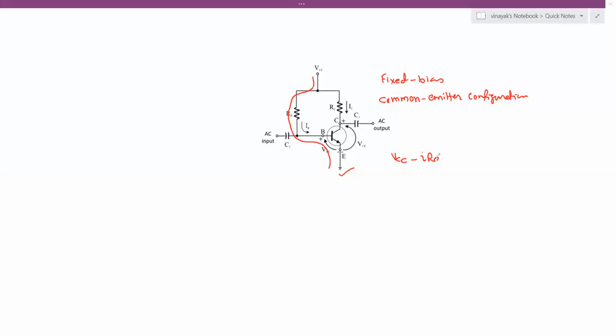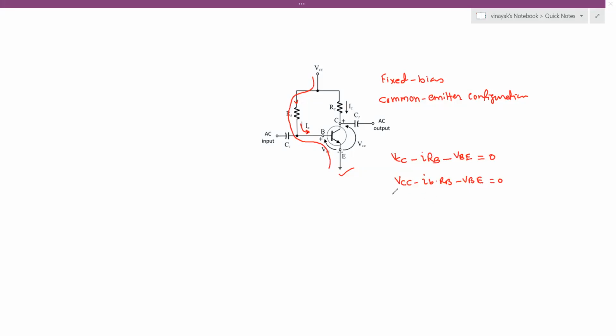The I is the current flowing through this one, and this I is actually the IB, the base current flowing through the base pin of the transistor, minus this drop VBE that I have across the base emitter junction of the transistor is equal to 0. And I can write then it is VCC minus IB times RB minus VBE is equal to 0.